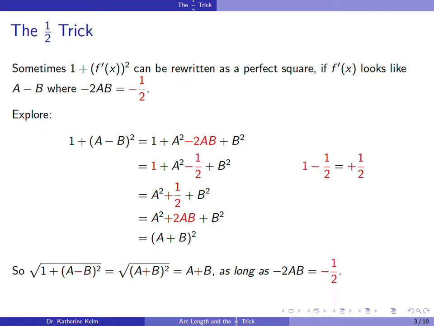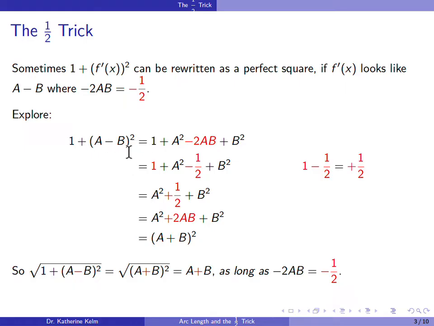Now what's special about negative 1/2 is that in the formula we have 1 plus, and so if we end up with negative 1/2 as our middle term, 1 minus 1/2 equals positive 1/2. So let's explore. 1 plus a minus b all squared.